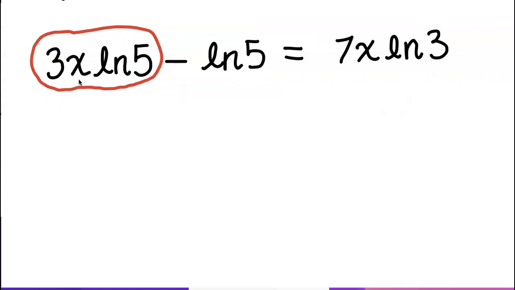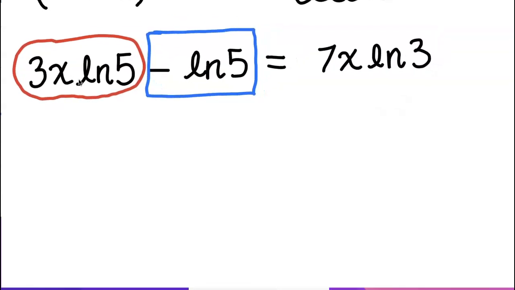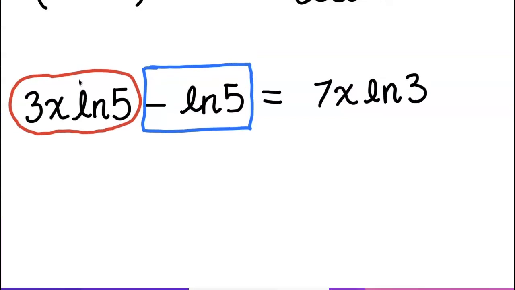And if it doesn't have x, I'm going to send it to the right side. So look at this negative natural log of 5 that I'm boxing in blue. This term doesn't have x. So what I will do is I'll move this negative natural log of 5 to the right side by adding it.